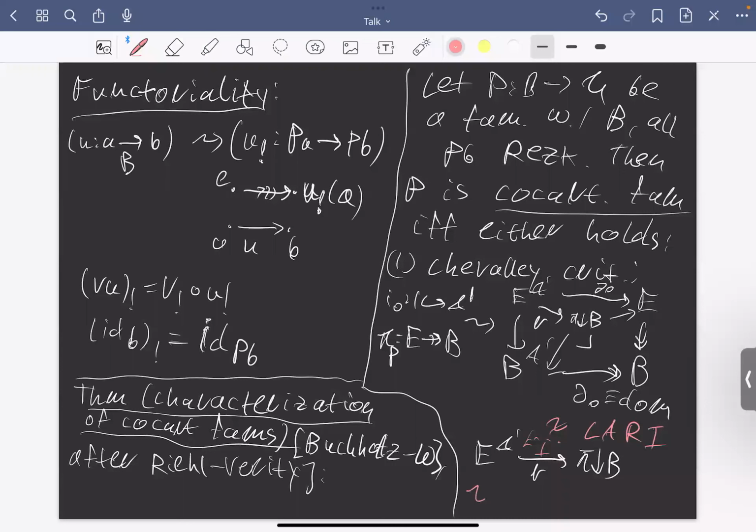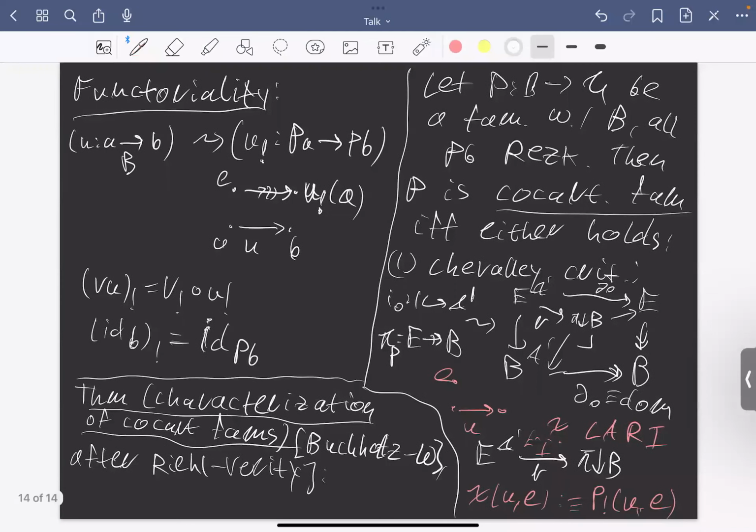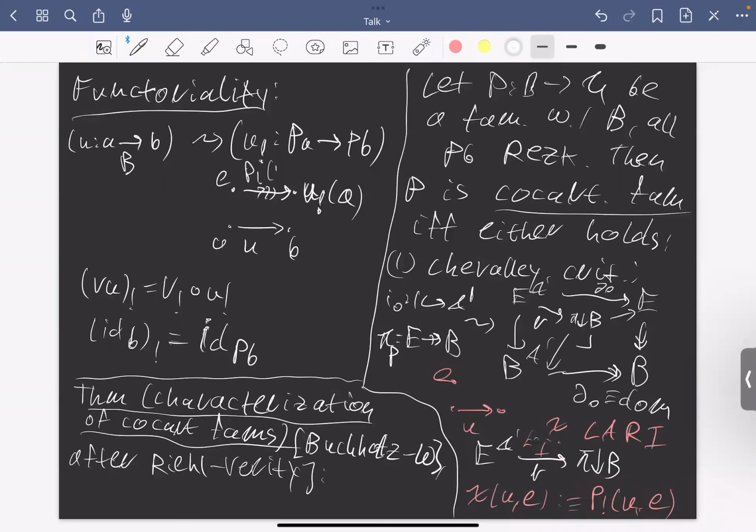And the idea is that this chi here acts as the lifting map. So to any UE, where UE is a pair like this, U with the point E over the domain, it assigns exactly the co-Cartesian lift. So I'm going to call this P shriek of U with respect to E. It's sort of the canonical name I'm giving.